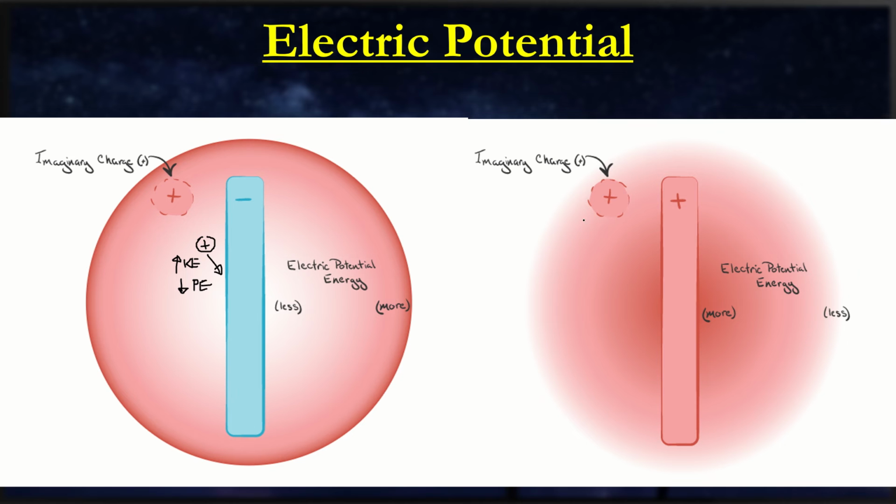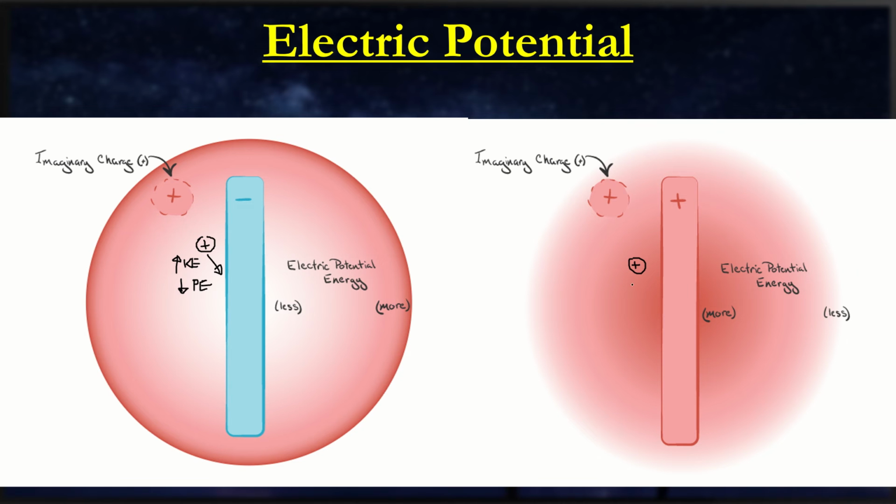Swap it around, say we have a positive charge that is really close to a positive plate. Now, based on what we know from electrostatic forces, they don't want to be near each other. So when I put a positive charge near a positive plate, the positive plate will really want to push this charge away from it.